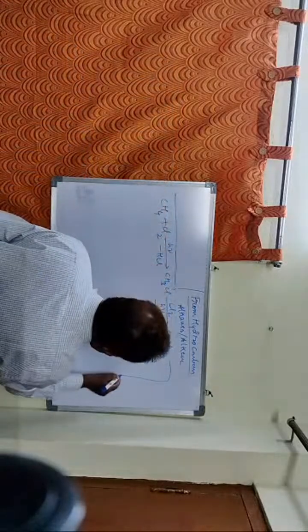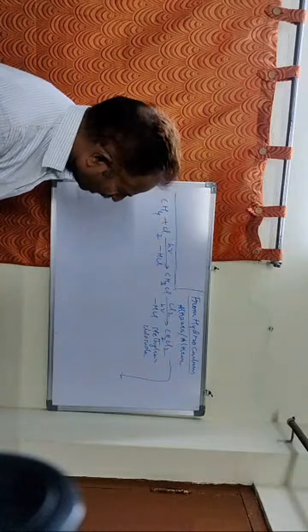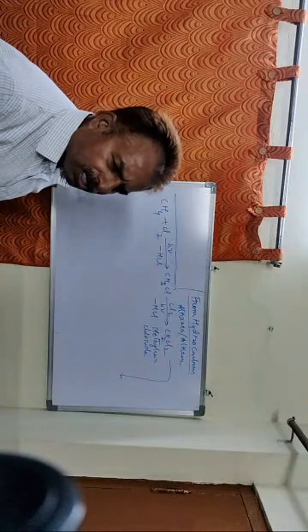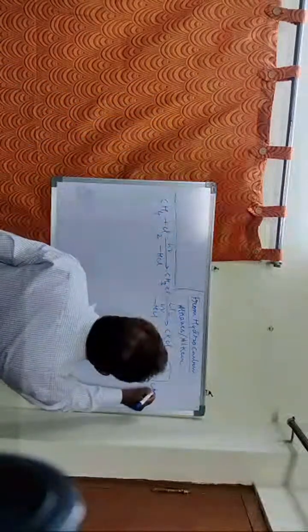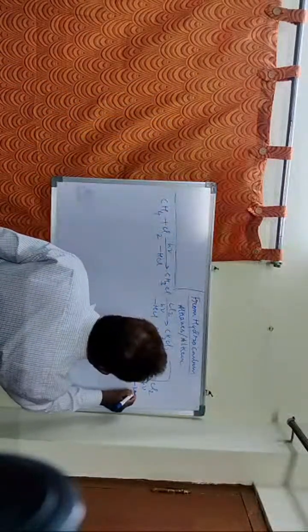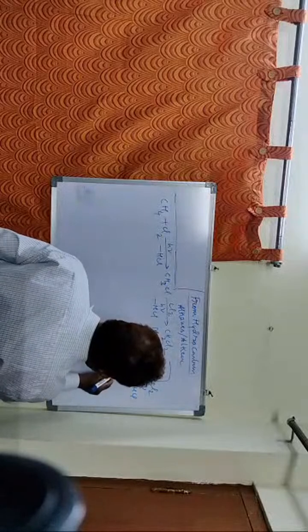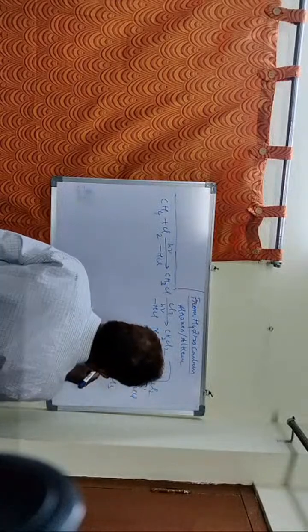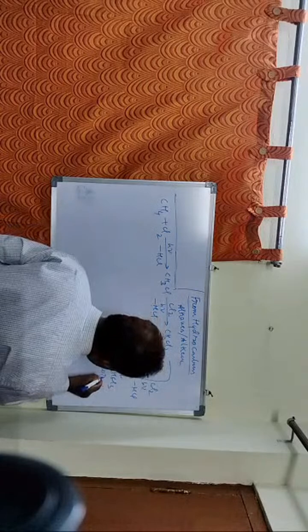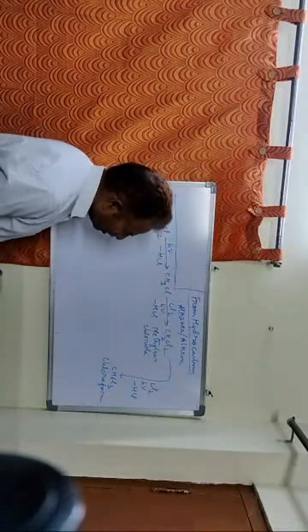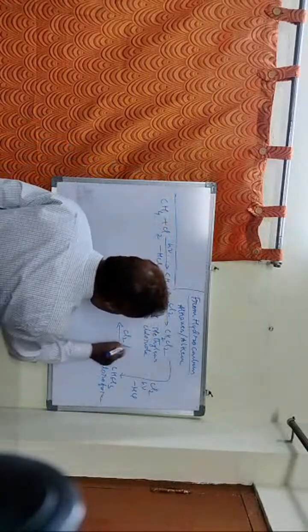Now one more hydrogen is removed. That means the reaction goes on until all the hydrogen atoms are substituted. Therefore, Cl2, hν, minus HCl. What do we get here? This is CHCl3, chloroform, or trichloromethane. Now again another chlorine molecule, hν, minus HCl.